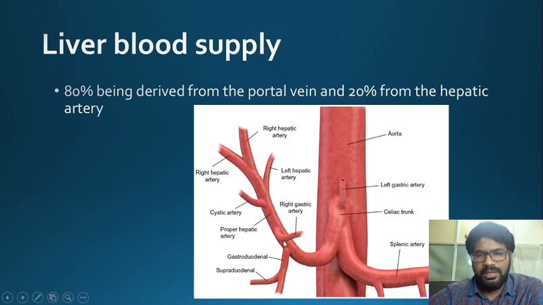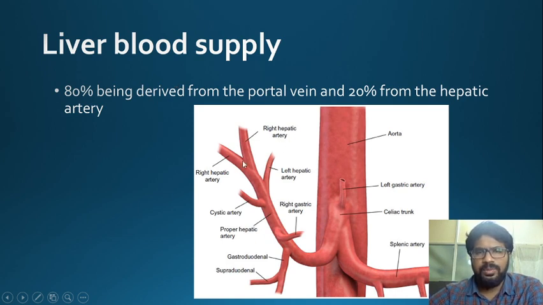In the process, it gives the right gastric, and the right hepatic artery gives a branch to the gallbladder, which is the cystic artery. The right and left hepatic arteries supply only 20% of the blood supply. 80% of the blood supply is derived from the portal vein.